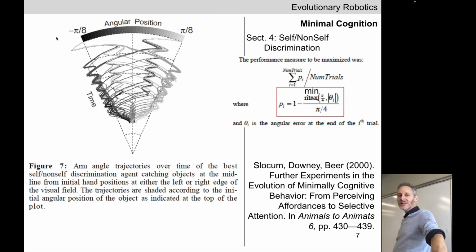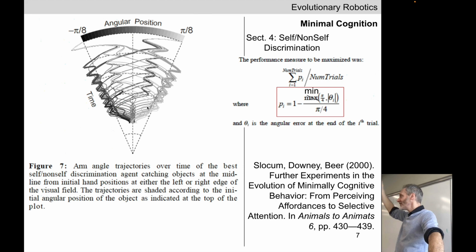If we go back to these trajectories on the left, in these cases, the robot started with its arm at minus pi over 8 radians, and then when the object started falling, it actually rotated its arm even further to the left, but then started to drag its arm back, and in some of these cases, it rotated its arm all the way to pi over 8 radians, and then even further to the right, zigzag, zigzag, zigzag.